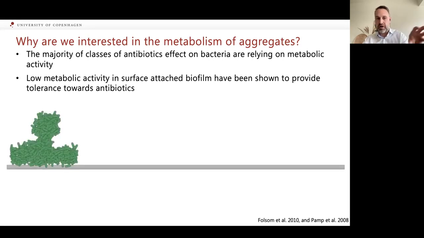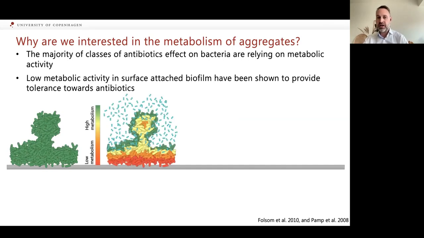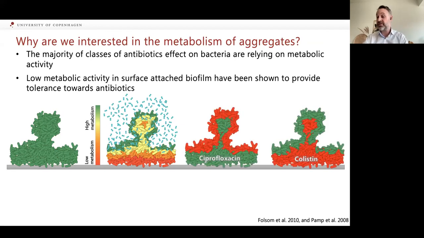If we go back to our flow cell biofilm, our surface-attached biofilms, we know from a lot of studies that the oxygen gradients into the biofilm limit the growth rate in the deeper parts of the biofilm. It's very well known that you would kill the surface of the biofilm but not the center, because the center is not growing very fast.